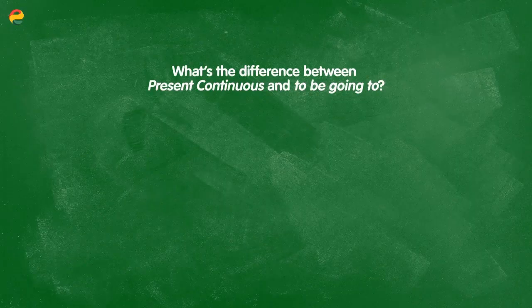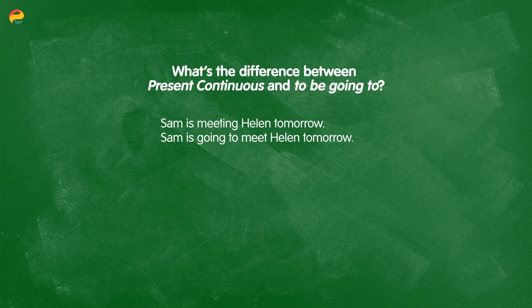So you must remember from previous lectures that we can also use the present continuous tense to talk about the future. So then what's the difference between present continuous and to be going to do something? Let's consider it in these two examples. Sam is meeting Helen tomorrow, and Sam is going to meet Helen tomorrow.